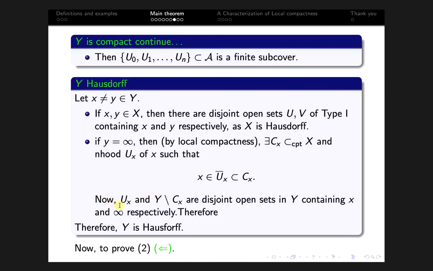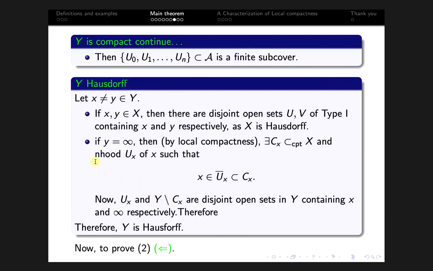Now you can see that Ux and the complement of Cx in Y are disjoint. Ux and Y minus Cx are disjoint open sets in Y, and Ux contains x and Y minus Cx contains infinity, and this is an open set of type 2.